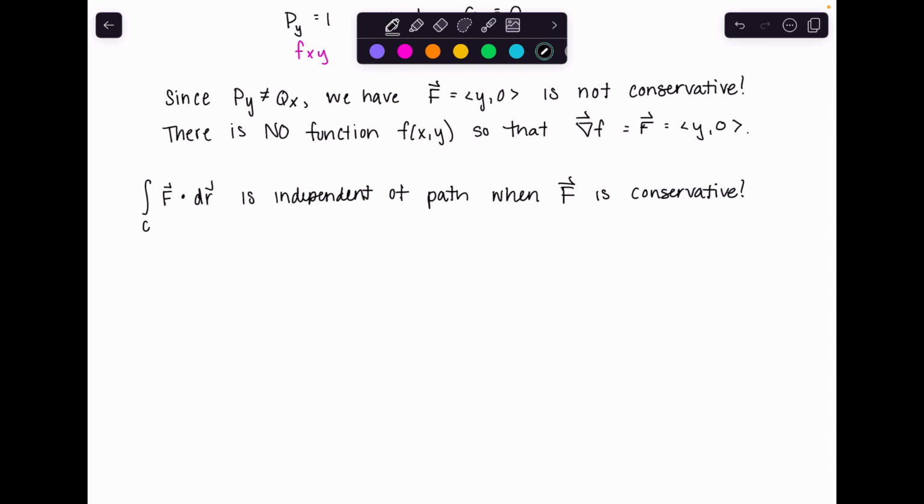It's kind of like when you find the fundamental theorem of calculus, you find that antiderivative and plug in the starting and ending value. Same kind of idea here. You're finding the antiderivative in a sense now of a multivariable function and using those starting and ending points. So let's go ahead and go through the fundamental theorem of line integrals.